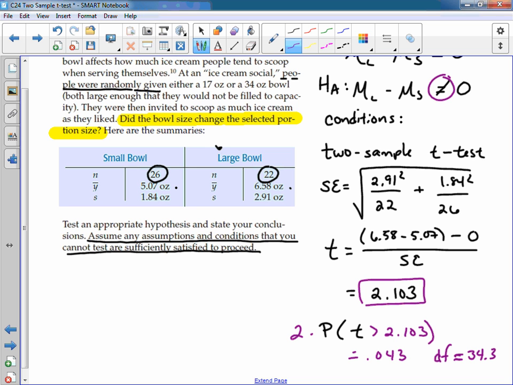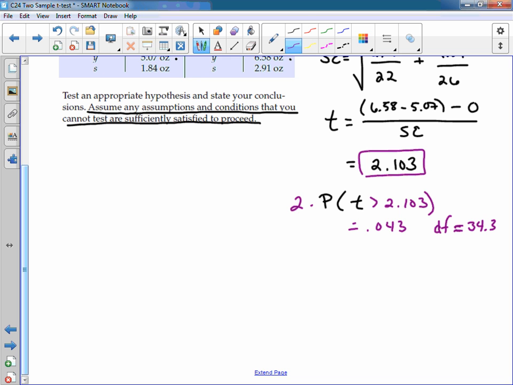Okay? Now, we're going to make a conclusion. The p-value is less than an alpha level of 0.05, right?